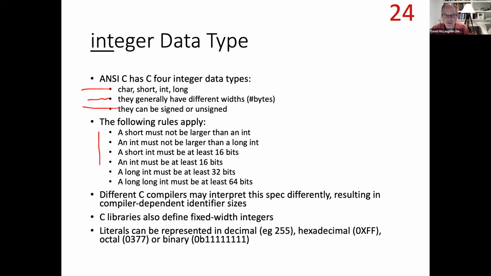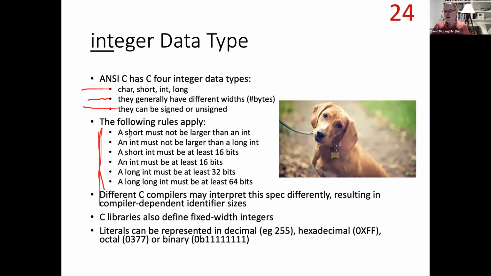Okay, now here's the fun stuff. The rules apply. For a given C compiler, a short must not be longer than an int. An int must not be longer than a long int. A short int must be at least 16 bits. An int must be at least 16 bits. A long int must be at least 32 bits. And a long int must be at least 64 bits. Huh? Right?